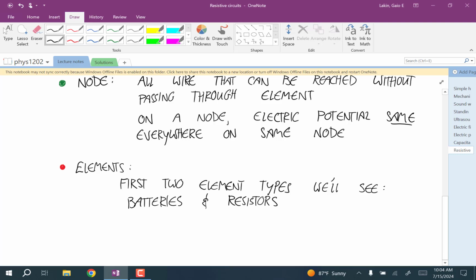And that's why the title of this lecture is Resistive Circuits. Besides batteries that we need to get the current moving, the only other element type we're going to see for now are resistors.